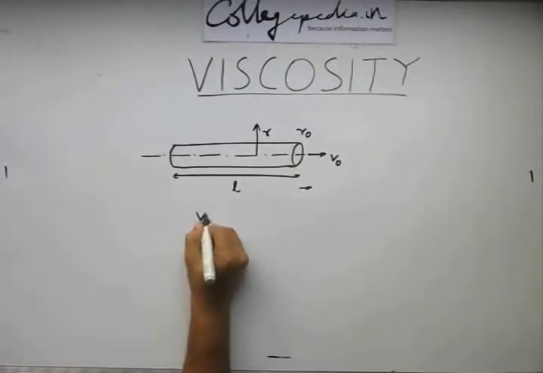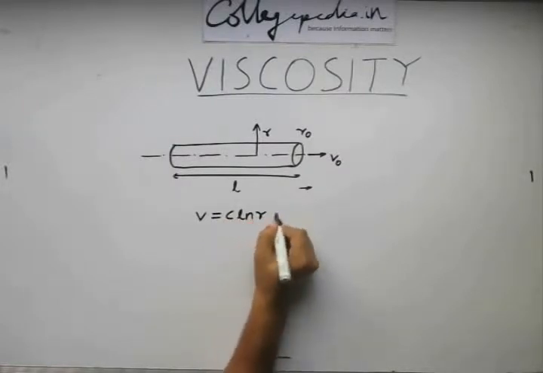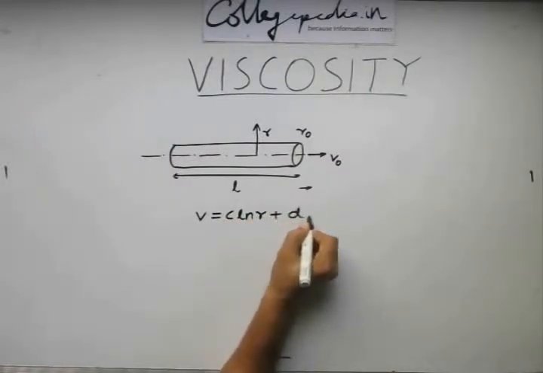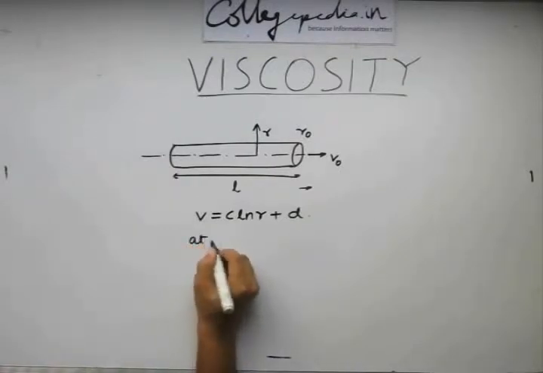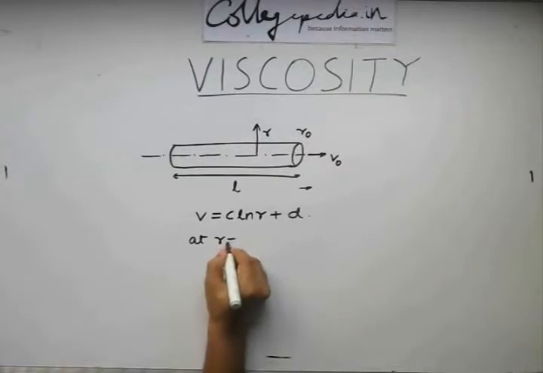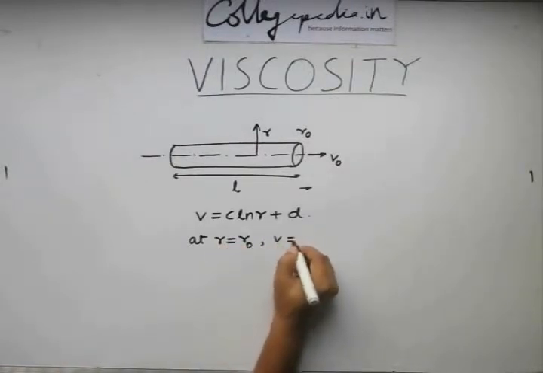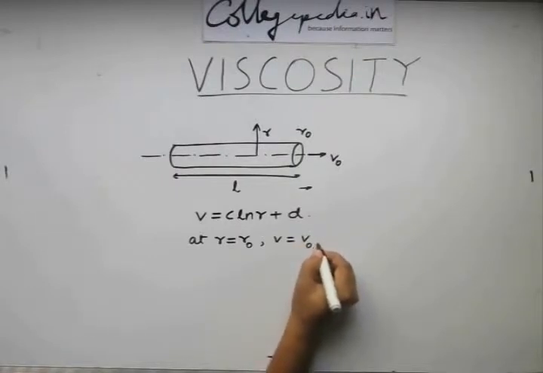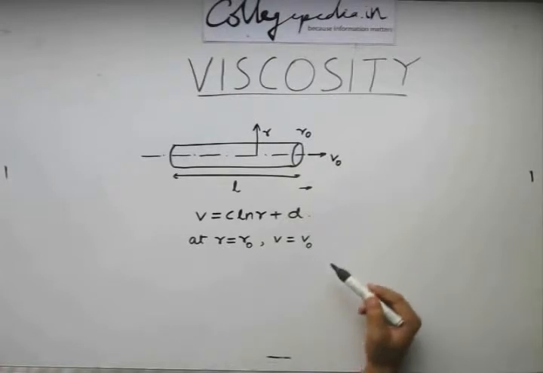We have v being equal to c times ln of r plus d. We know that at r equal to r naught, velocity is going to be v naught, because this cylinder is moving with a velocity v naught.